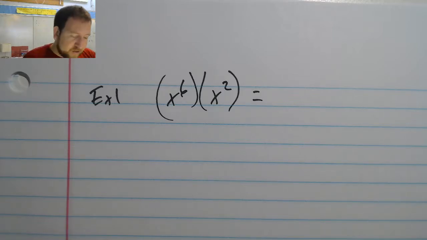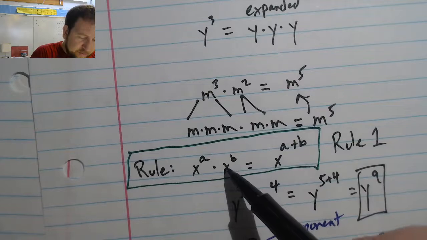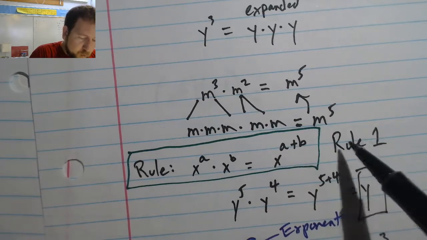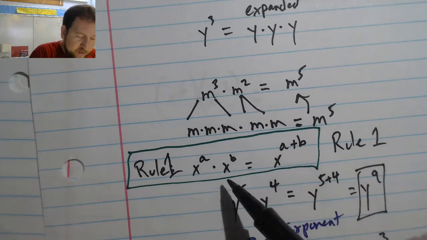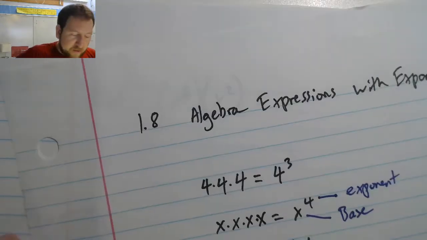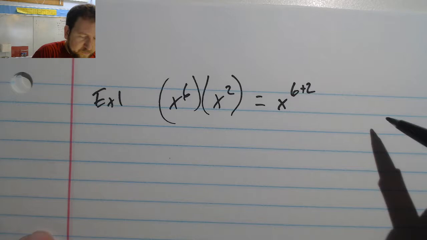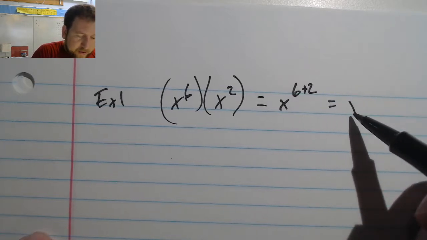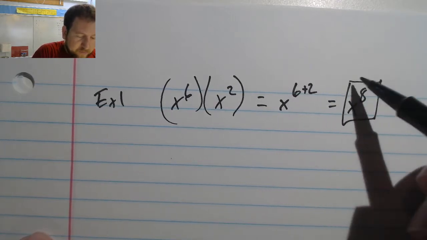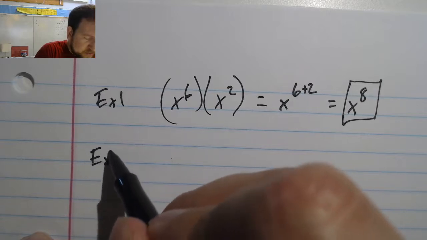Well, I am just simply multiplying these together. So that means I'm going to be using rule 1 here, rule 1. So I know that I just need to add them. So in this case, I can write this as x to the 6th plus 2, or x to the 8th power. Easy enough.